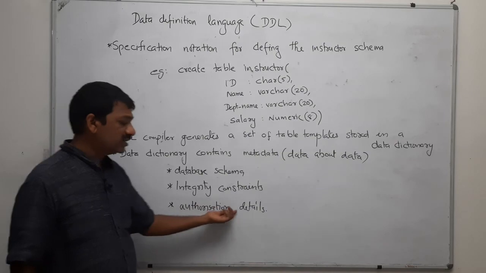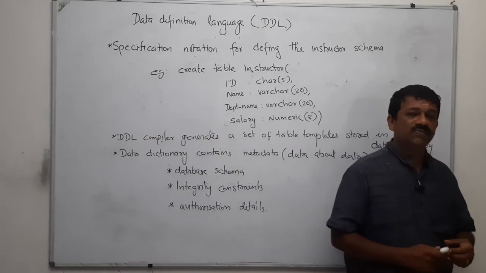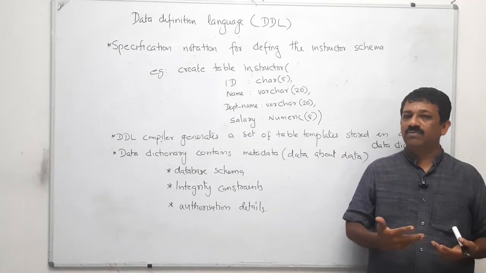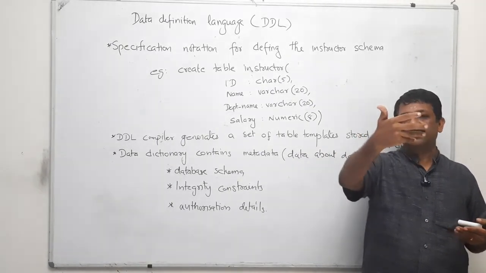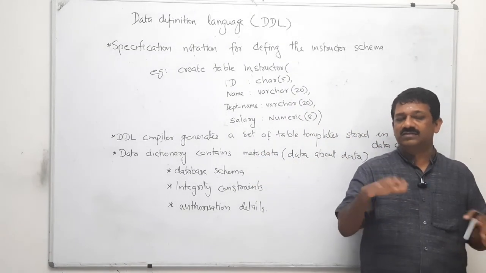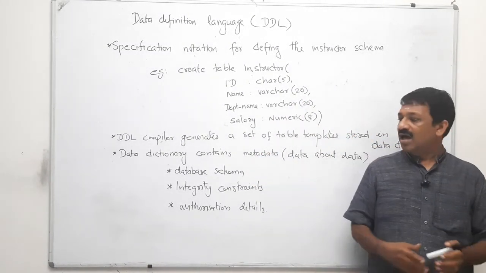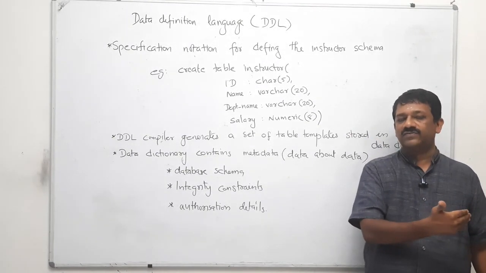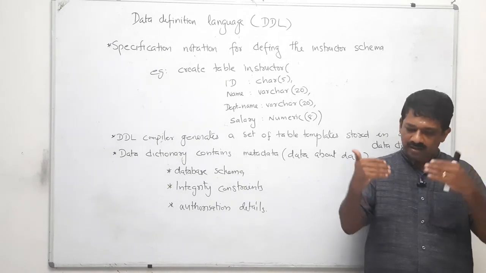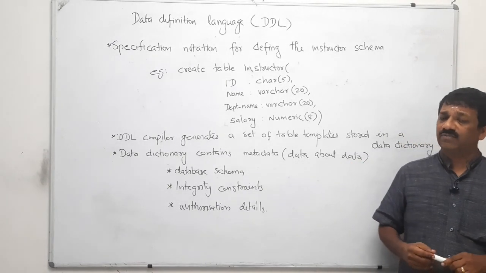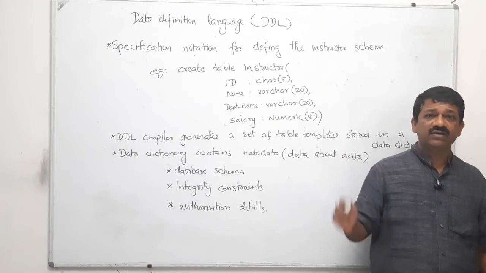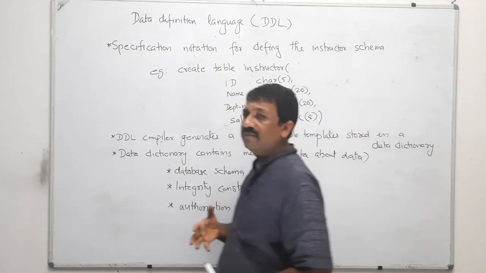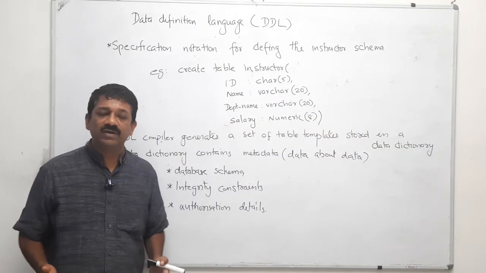metadata. And authorization details. Authorization details, in the sense that, suppose you have a bank database, and the bank has a number of employees, like a general manager, district vice manager, area manager, etc. Some hierarchy is there. A bank clerk, who is the lowest cadre employee, may not be able to see all the details of a particular customer, but the general manager is authorized to see almost all details of a particular customer.